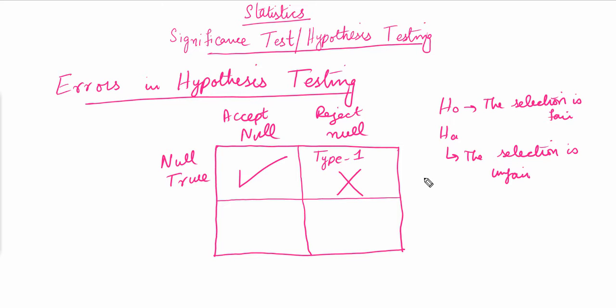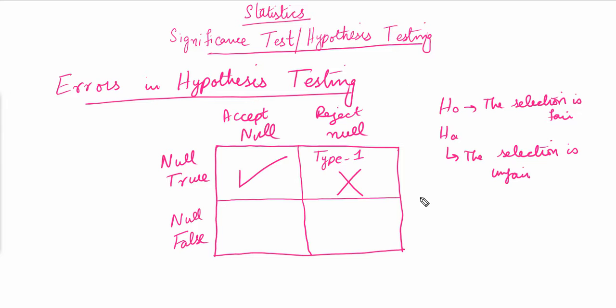Okay, now let's see another scenario. Let's suppose in actual our value is false. Our null hypothesis is false, which means the selection was not fair, but our percentage became, let's suppose, 10% or 12%, that was above 5%.